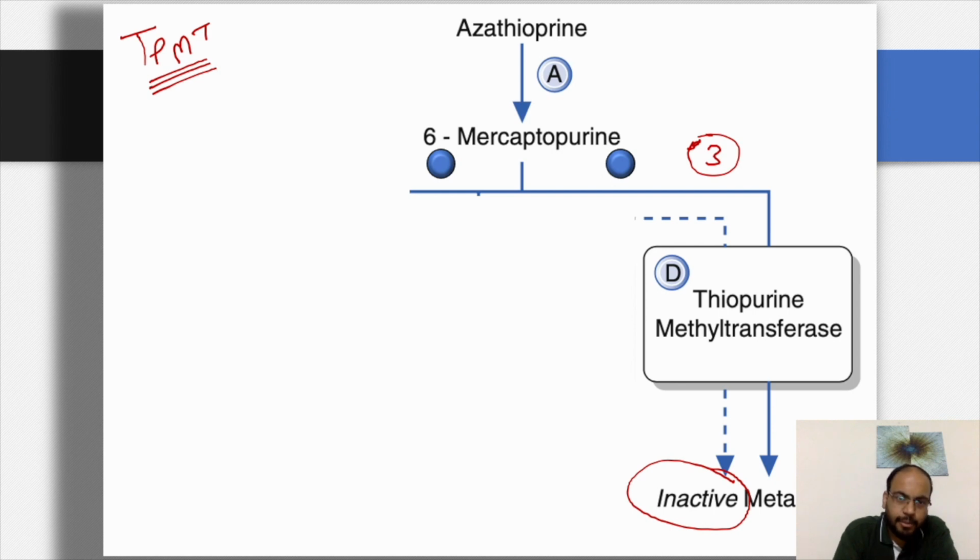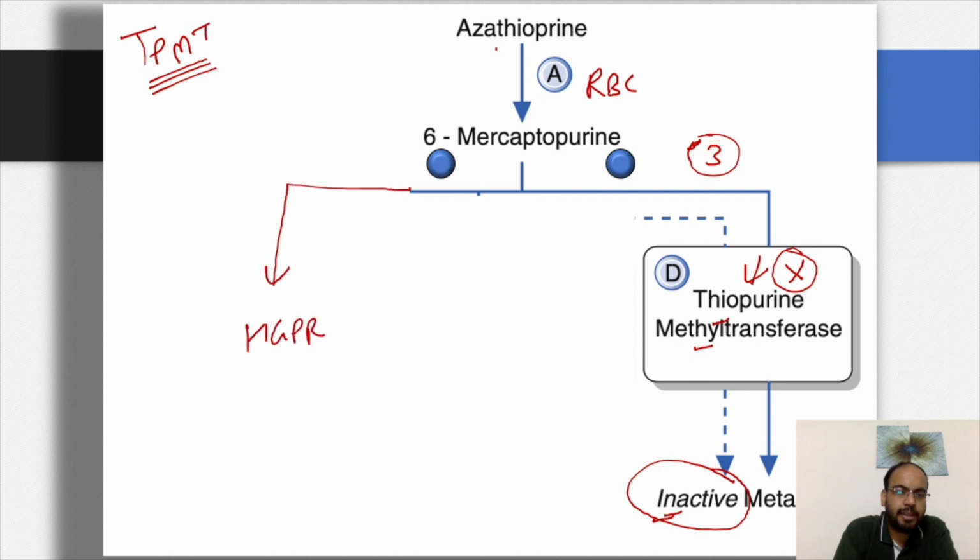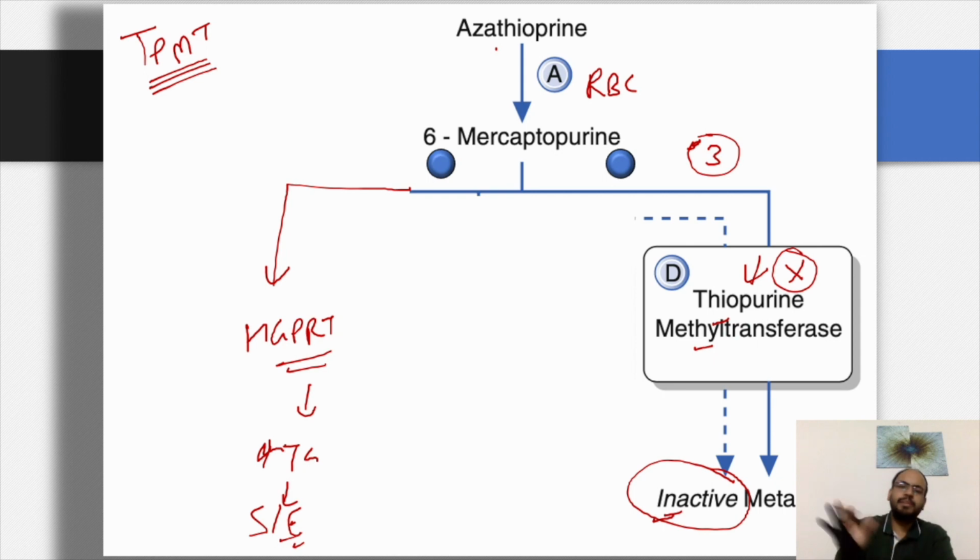As azathioprine becomes 6-mercaptopurine in erythrocytes, the 6-mercaptopurine gets converted to its inactive metabolites by TPMT. If TPMT is either decreased or not working, more of the drug will be shifted to the HGPRT pathway. This will lead to increased thioguanine, and this will lead to side effects. So this is the basic understanding: if TPMT is not working, more 6MP goes to the HGPRT pathway, more 6TG, more side effects.